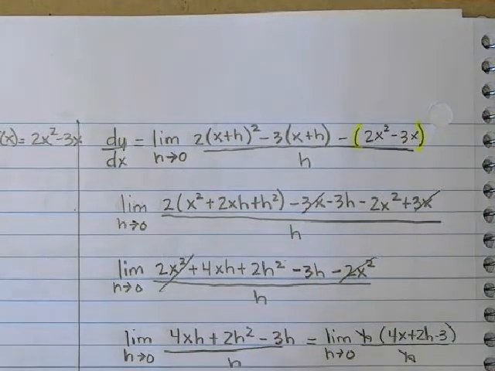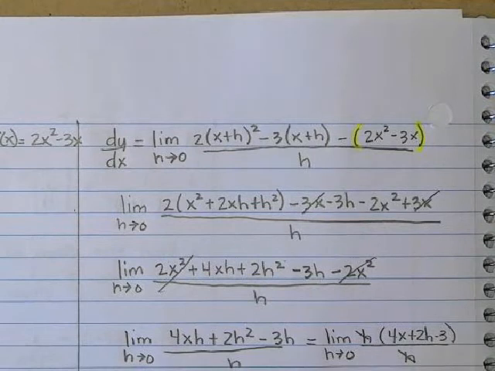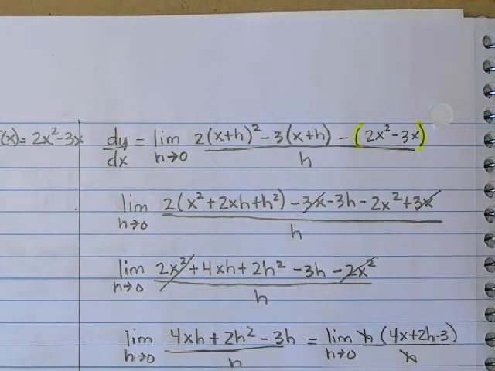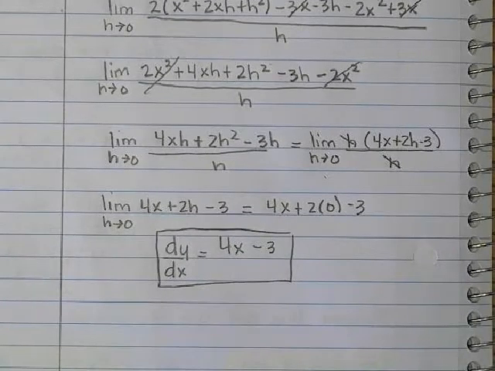So that is dy dx. And that is the general formula for the slope of the tangent line at any point on the graph.